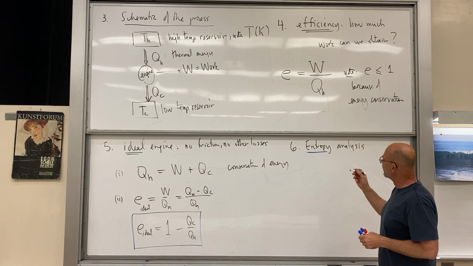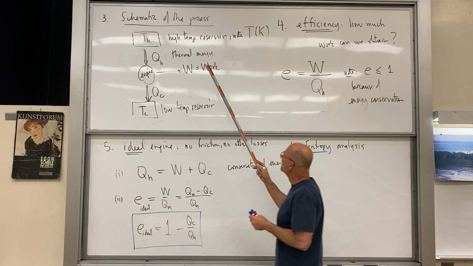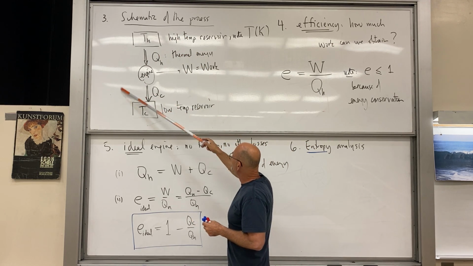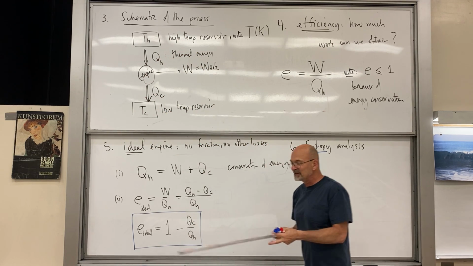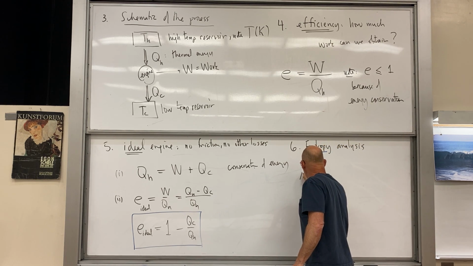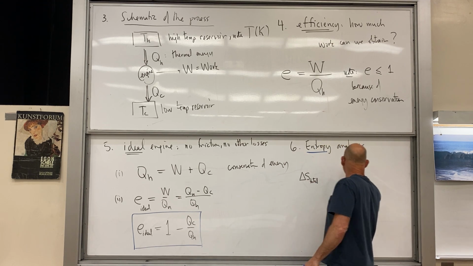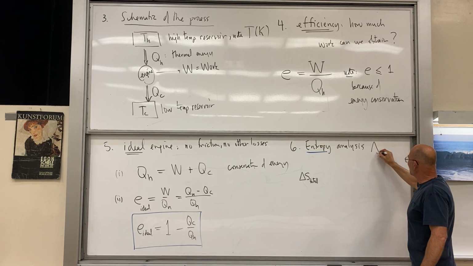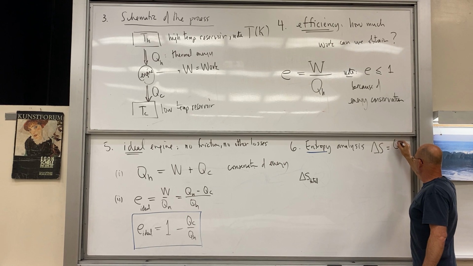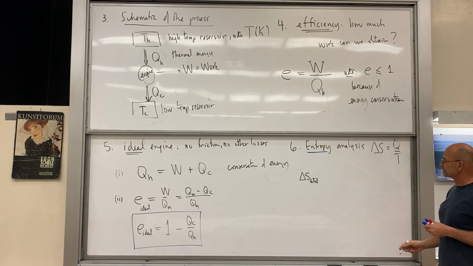And what we're going to do is analyze the entropy change of a cycle of this ideal engine. So delta S total. Remember, we had delta S equal to Q divided by T, and the temperature was in Kelvin.